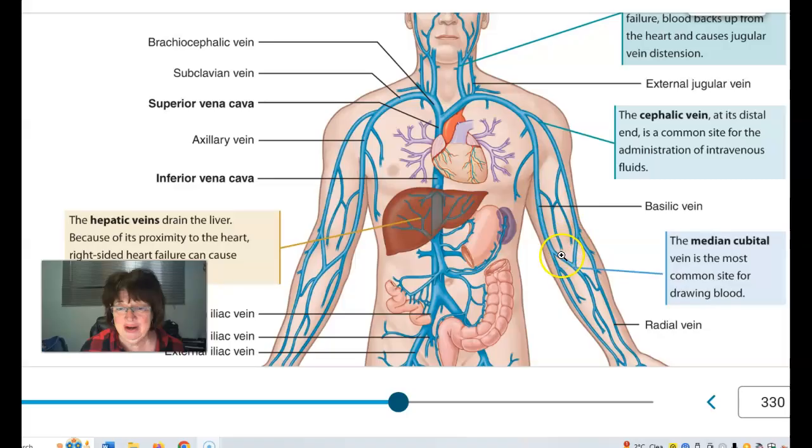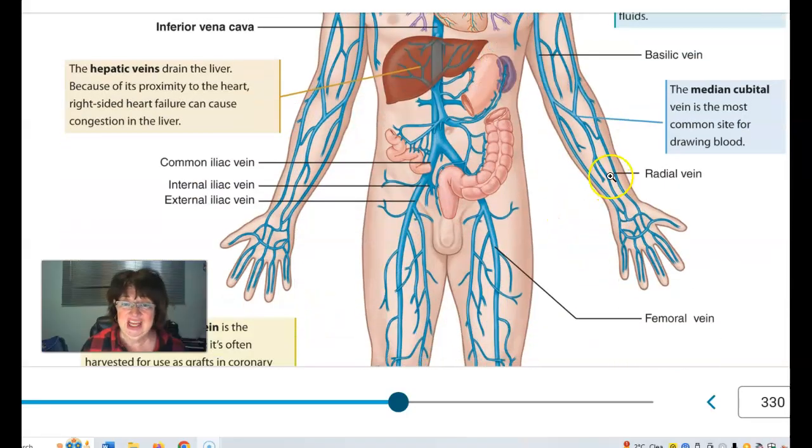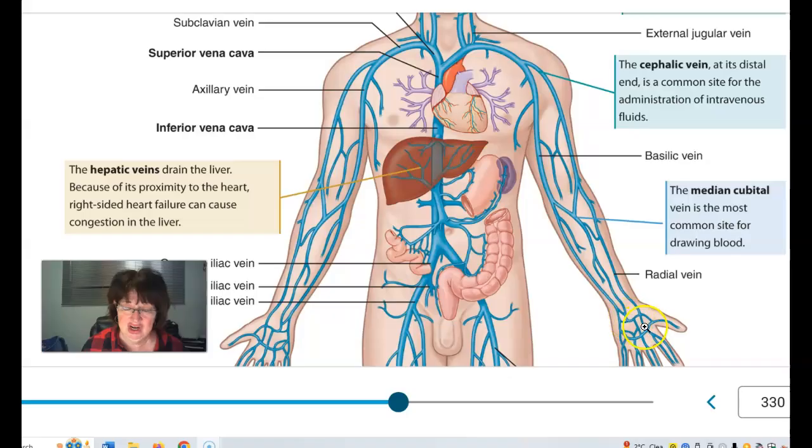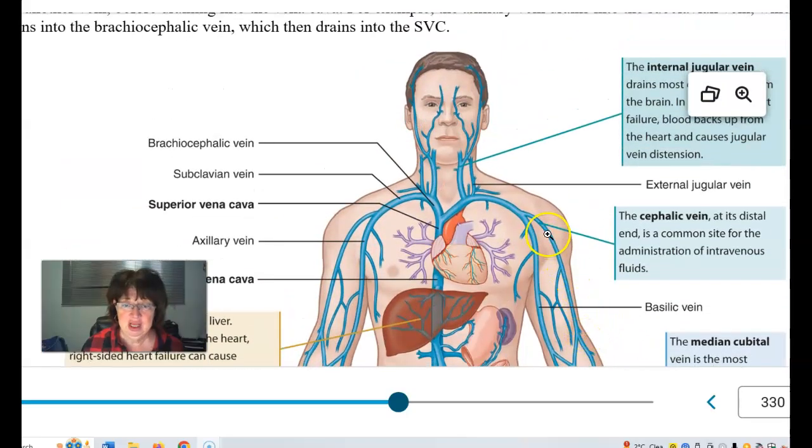This is a common site for drawing blood or giving injections, such as an injection for CT. Then the vein that goes over the radial bone is the radial vein. So if we're starting in our hand, we go radial, median cubital, cephalic, subclavian, superior vena cava.